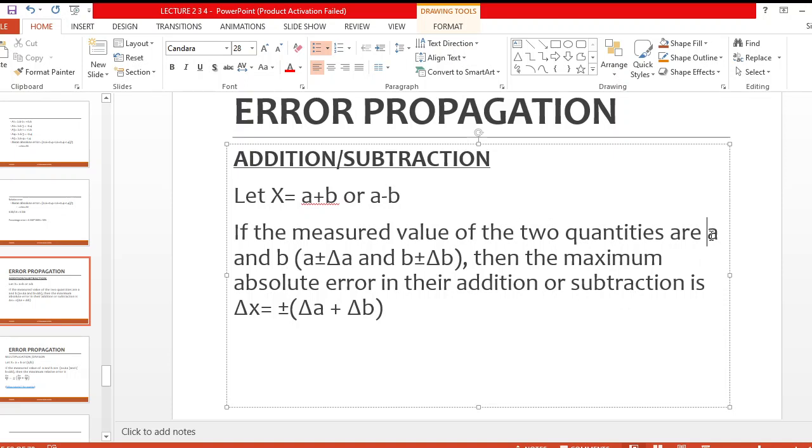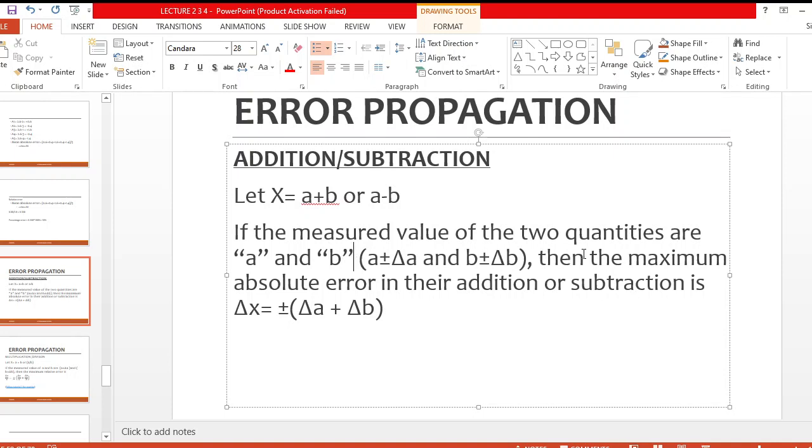So this a is a measured value, and also this b is a measured value, such that these measured values a and b have errors, which are absolute errors, change in a and change in b for a and b respectively.